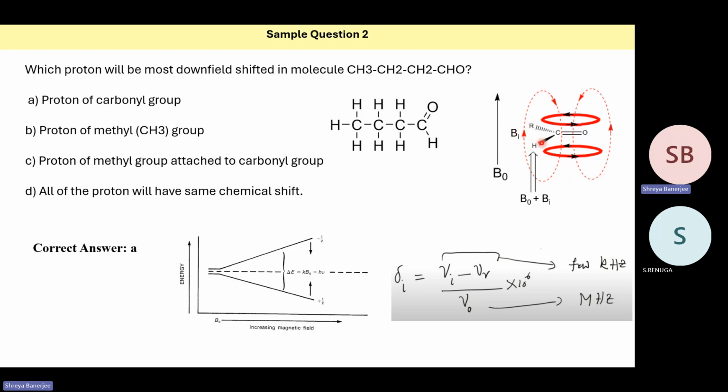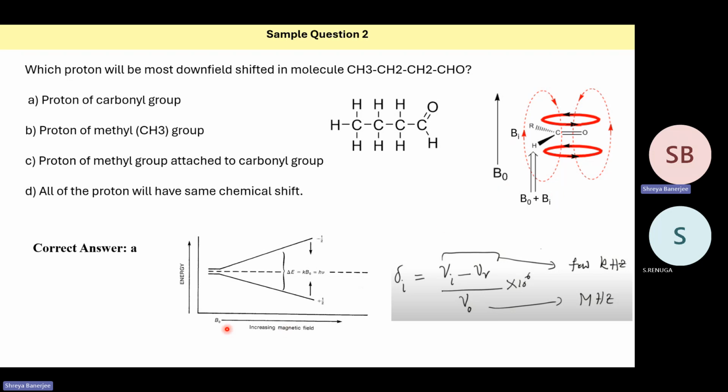But near the area of the hydrogen, you can see the induced magnetic field comes back in a circle, and near the area of the hydrogen, both B0 and Bi are upwards. So the hydrogen will experience a net field of B0 plus Bi. So the hydrogen is experiencing a greater net field.